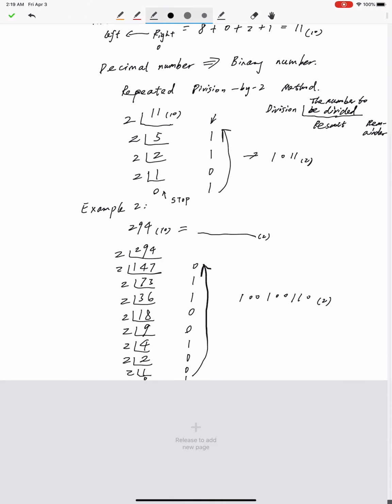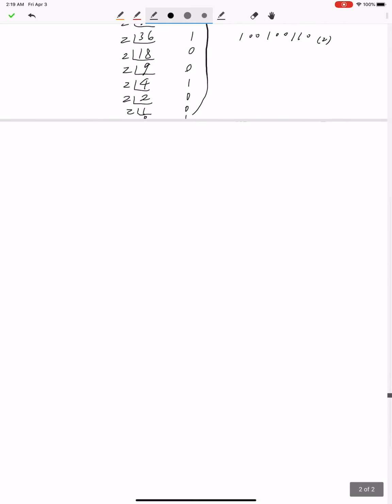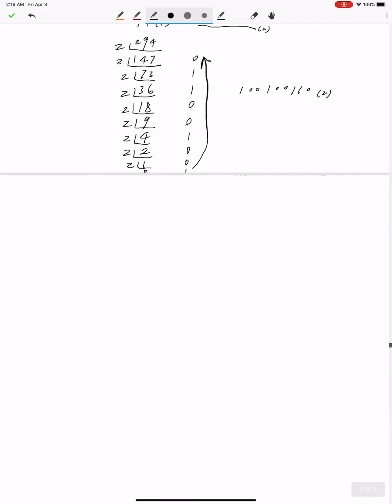Today, a new concept we're going to introduce is called binary fraction. We all know decimal fractions, right? For instance, if we have 5.2, we all know this is a decimal fraction number, and we can decode it.